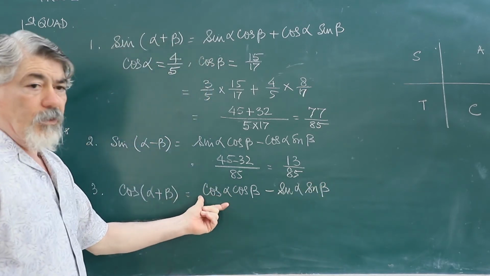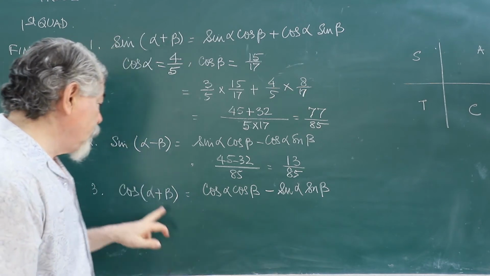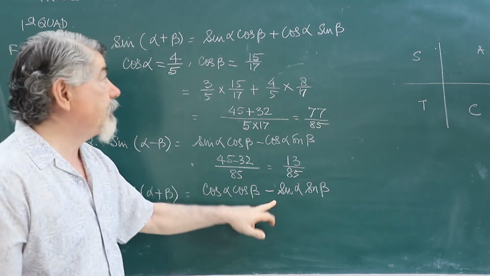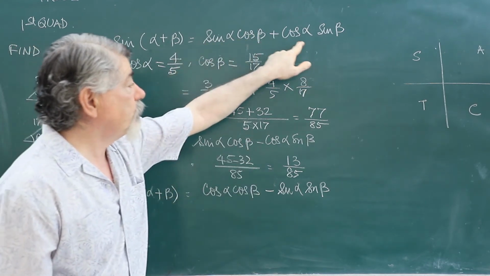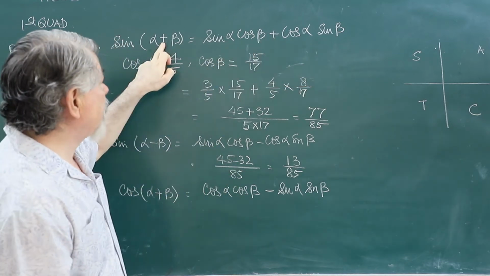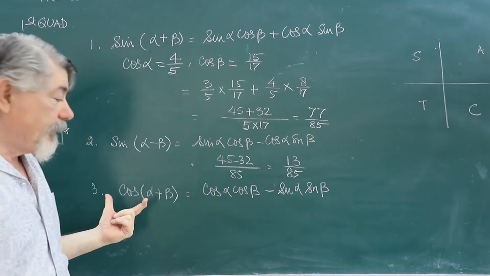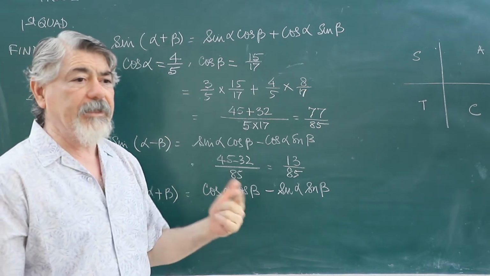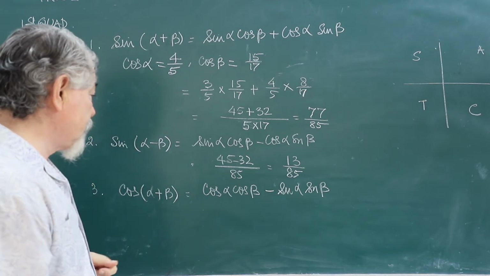One thing is cos cos, sin sin. Number two, instead of plus it will come minus. Here it was sin cos, sin cos, but the only thing is plus, minus. Here cos cos, sin sin will come, and the sign will change from plus to minus.